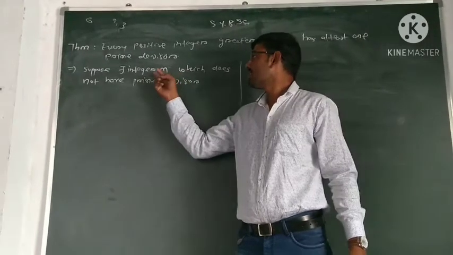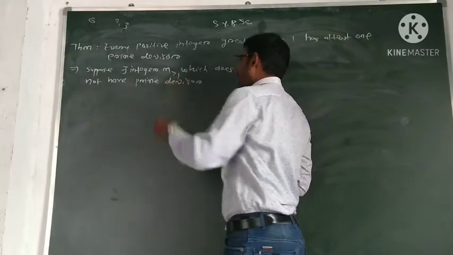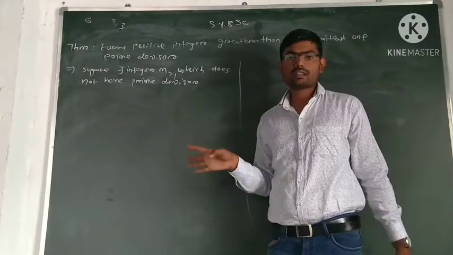So suppose there is an integer m greater than 1 which does not have any prime divisor. Okay.